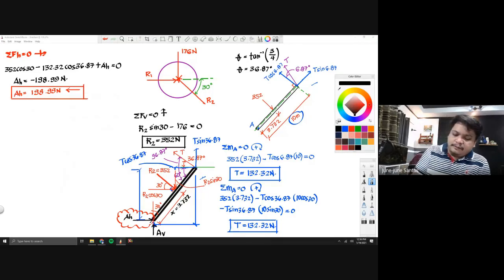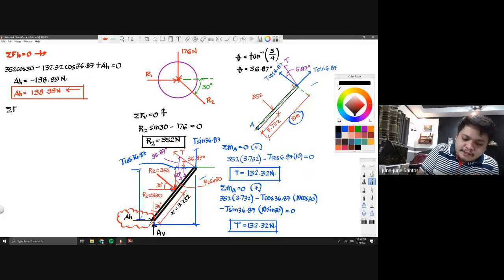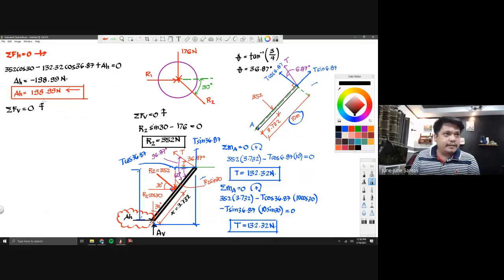And so, pwede rin akong mag-summation forces vertical equal to 0. Going up naman yung aking positive. Bakit po ganun yung direction po ng R2? Okay, it's because dito, ang kino-consider natin ng cylinder is upward.